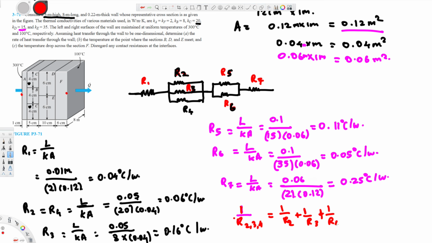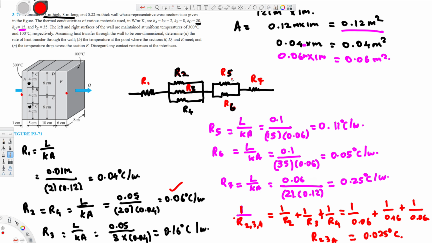R2 we found out right here, that is 0.06. So 1 over 0.06 plus 1 over R3, that's 1 over 0.16, plus R4, that is the same as R2, that is 0.06. If you add them together and find R2,3,4, that gives you 0.025 degrees Celsius per watts. This is this three combination.